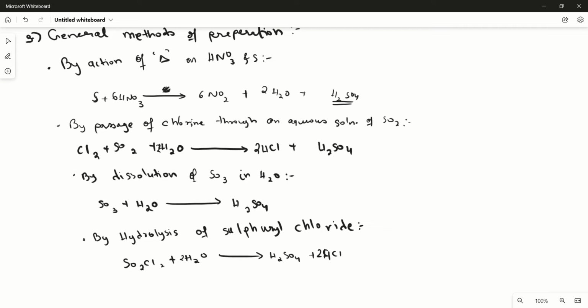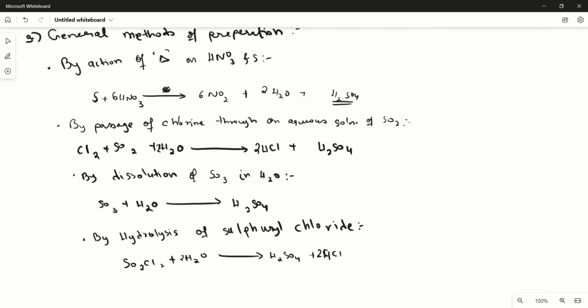Then the general methods of preparation: the action of heat on HNO3 and sulfur, sulfur plus 6HNO3 gives 6NO2 plus 2H2O plus H2SO4.